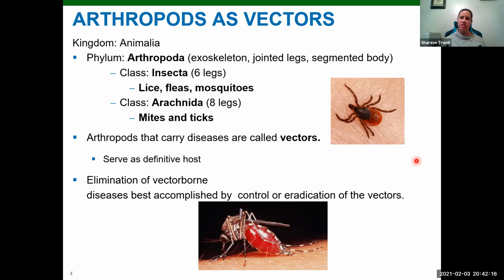So for example, for diseases that are spread by mosquitoes, the best way to control that disease is by eliminating mosquitoes or by reducing the risk of being bitten by a mosquito. So using bug spray, covering up with clothes, having a sleeping net, etc.